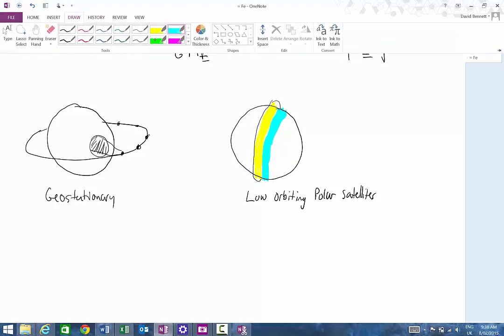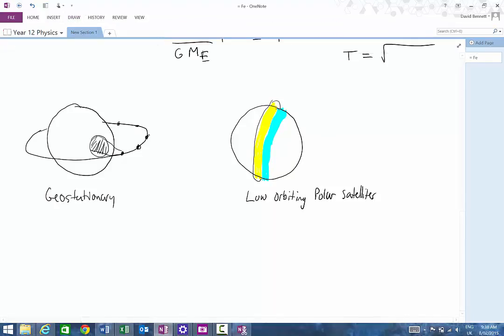So every time it orbits the Earth, and it might do an orbit every 90 minutes or so, it's going to sweep a strip around there. Now obviously you're not going to just have one satellite doing that, you're going to have a whole heap of satellites doing that. So then you're going to get a way of getting a complete picture of the Earth. Alright, so that's a really useful one.